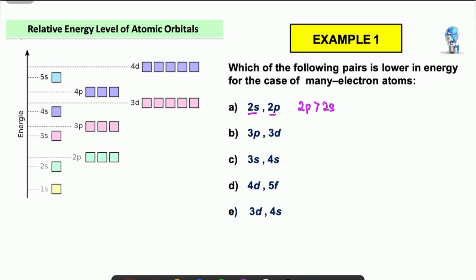Okay, let's see B, 3p and 3d. So 3d has higher energy than 3p.